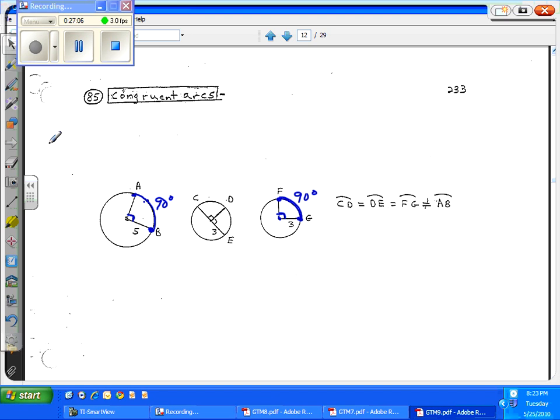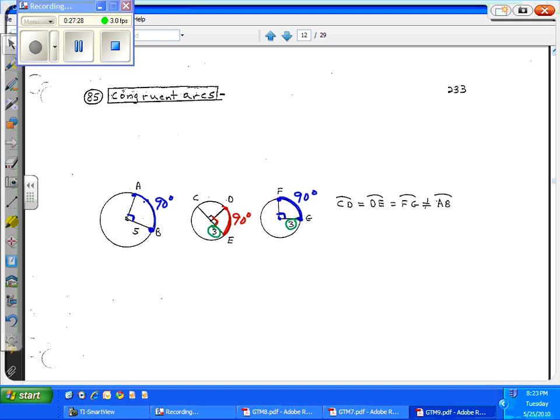But what about this one right here? This arc DE is opposite a right angle. That's a central angle. So it has an arc measure of 90, but it came from a circle with the same radius. It's the same size circle.